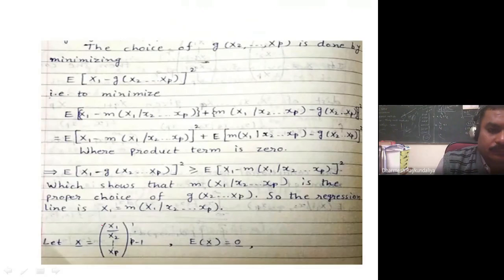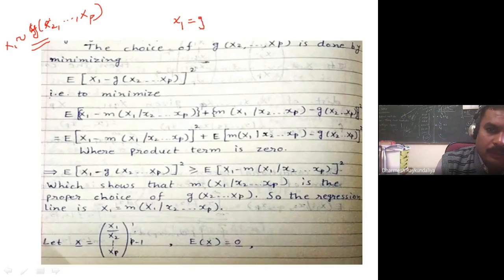You have x1 is some function, I call it g, of x2 up to xp. Now what is this function I am interested to find out? So actually this is the kind of relation you have.